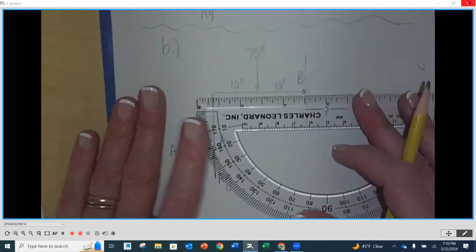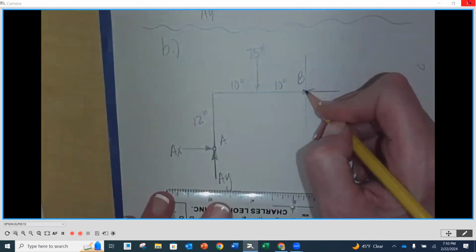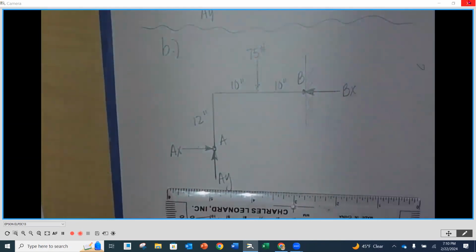So this time at B, that is going to be a horizontal. Okay, so we're going to call it a BX. Any questions on that one? Does that make sense?